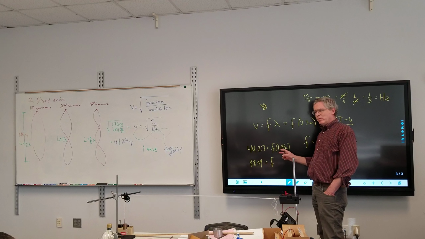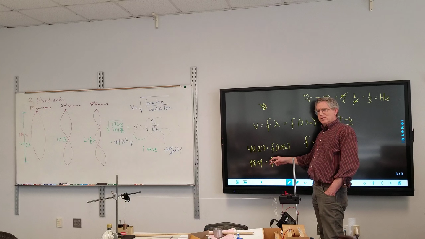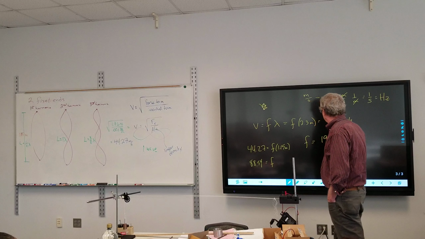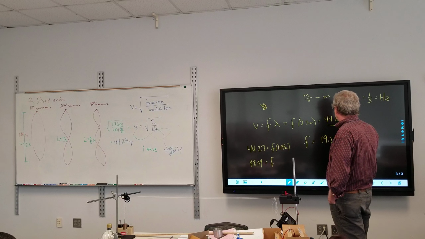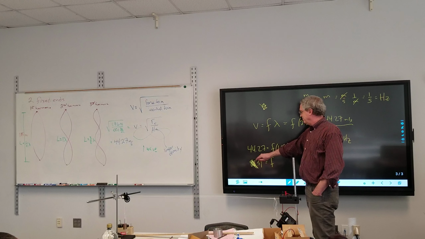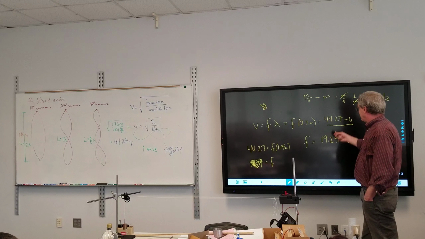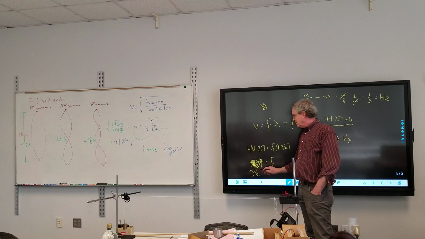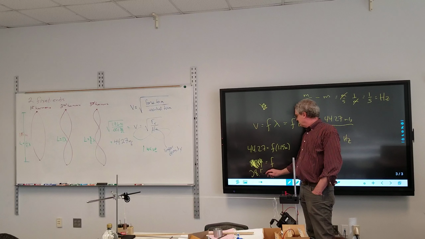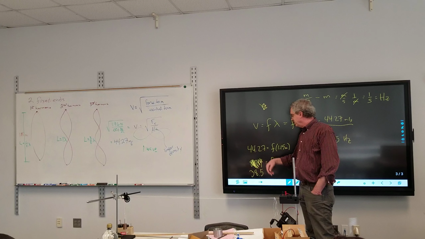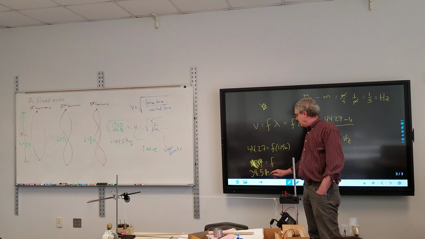44.27 divided by 1.15. Yeah, like 38.5. 38.49, or yeah, 0.55, you round up. Oh, okay, yep. I was about to say, I doubled the wrong thing. So 38.5 hertz.